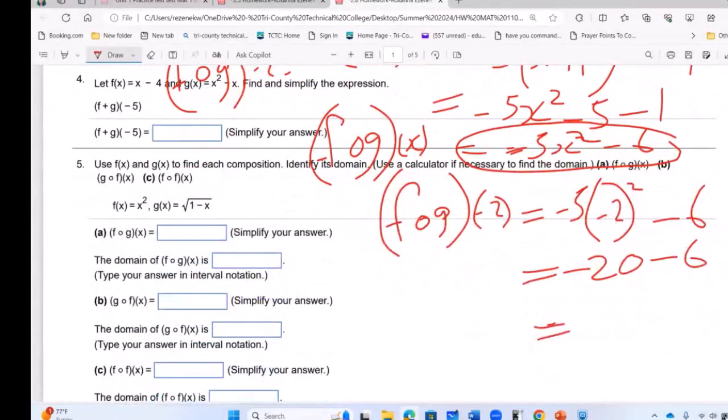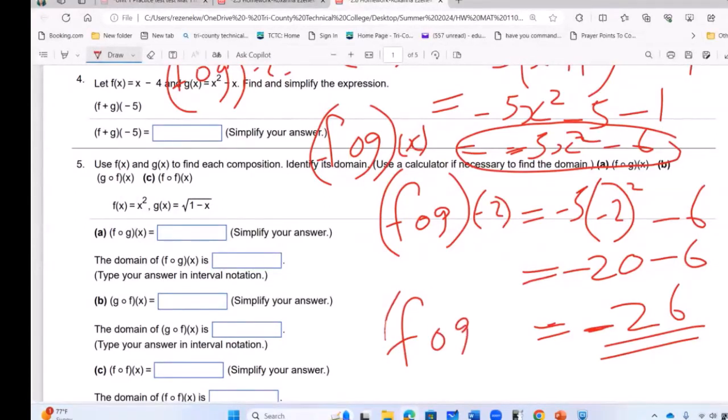So let's use our calculator. You can check your work. It's always good to check your work if they give you this kind. So therefore, f composed of g of -2 is -26. We will check our answer with calculator. So I'm going to pull my calculator up.